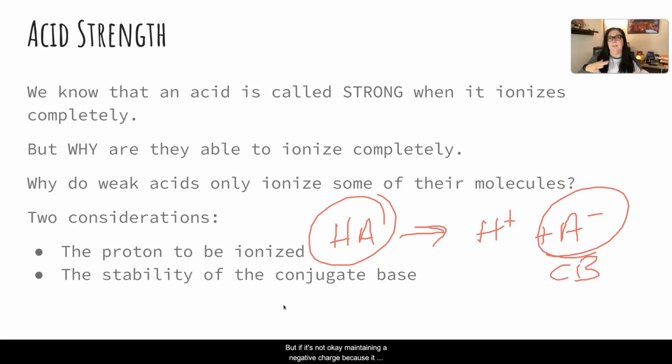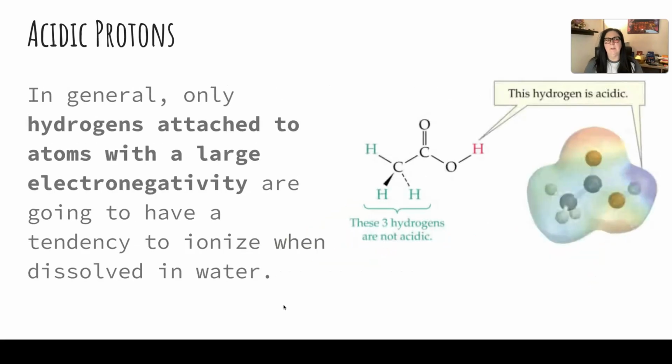But if it's not okay maintaining a negative charge because it doesn't have that high of an electronegativity, then it's not going to be a very stable conjugate base, and it's going to try to react and rectify the problem. So that's what we're going to talk about.